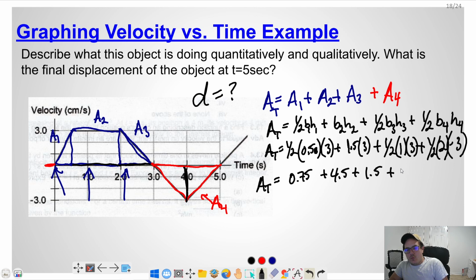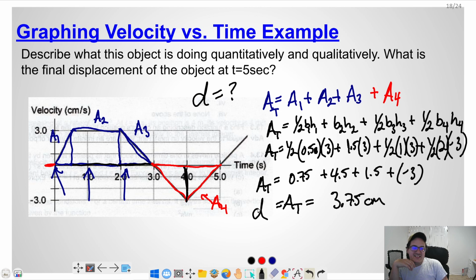Plus, well, what's 1/2 times 2, which is 1, times -3 is -3. Add all these together, what do we get? This is 6 minus 3. So the area total under the line is going to be 3.75 centimeters, which is your displacement.